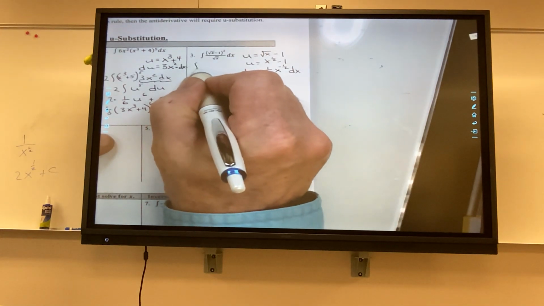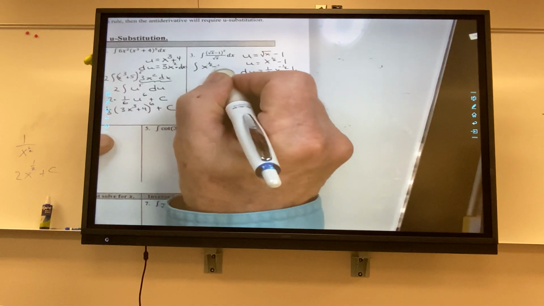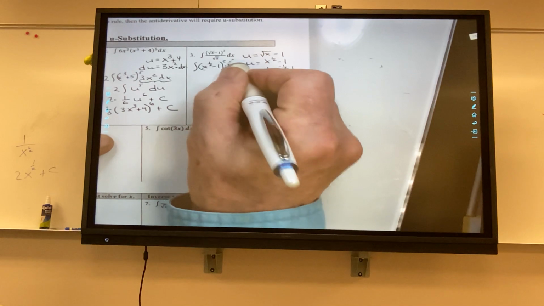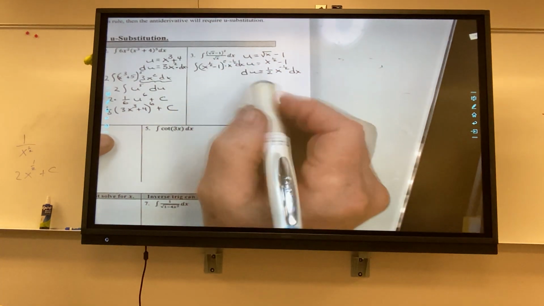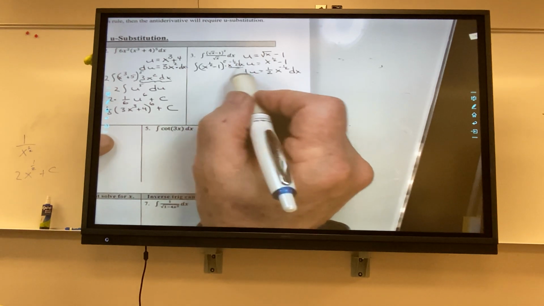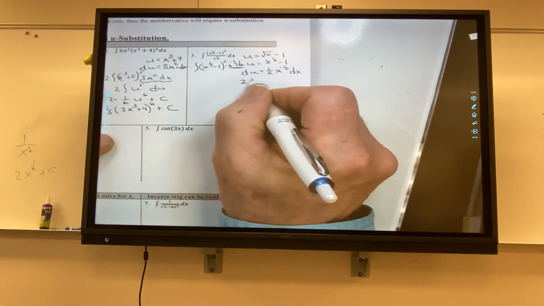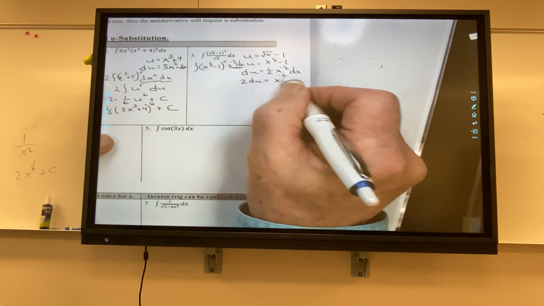I can rewrite this, x to the 1/2 power minus 1 squared times x to the minus 1/2 dx. Oh, I have this right here, don't I? So I'm going to multiply both sides by 2. 2 du equals x to the negative 1/2 dx.